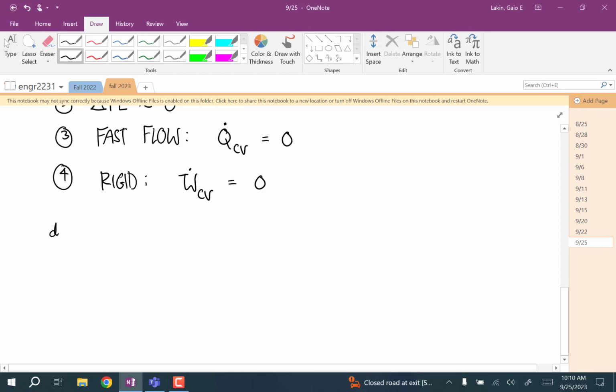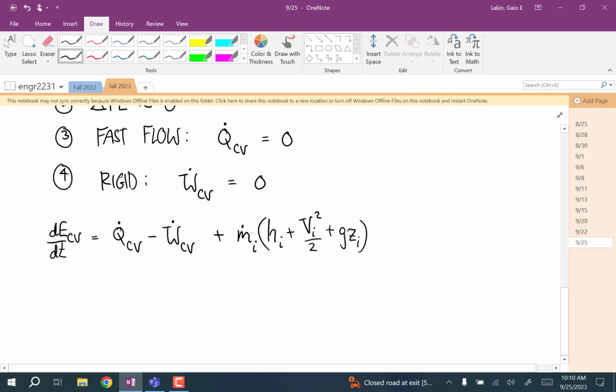Okay, so let's go back to this full equation. So that's at the inlet, and then minus m dot at the exit times the quantity enthalpy at the exit plus V exit squared over 2 plus g z e.